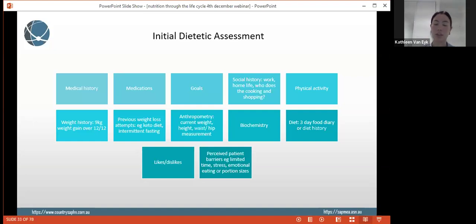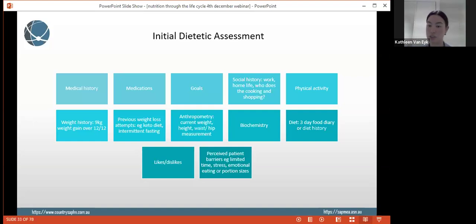Their anthro, so we'll check their weight, height and measurements as well. Biochemistry, which we always find really useful if that gets sent in with their referral, especially if there's other comorbidities such as type 2 diabetes, chronic kidney disease, anything like that. We find the biochem extremely useful.